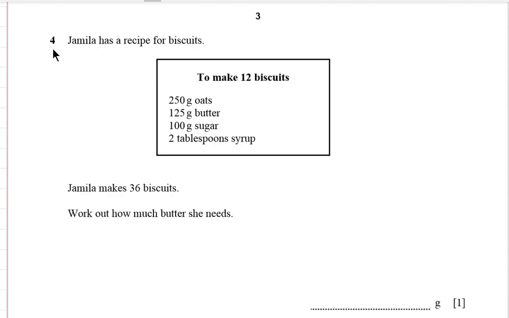Question 4. Jamila has a recipe for biscuits. To make 12 biscuits, she needs some contents like this. Jamila makes 36 biscuits. Work out how much butter she needs. 36 is 3 times the original quantity, 12. 36 divided by 12 is 3.